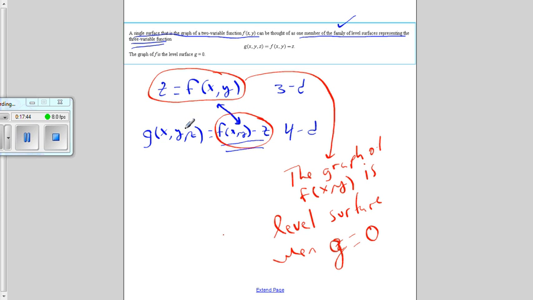Because if we set this function equal to 0 and solve this equation for z, we'd get this back here.